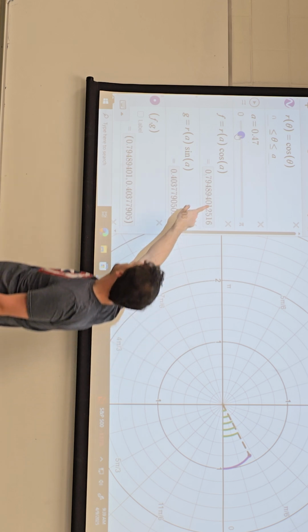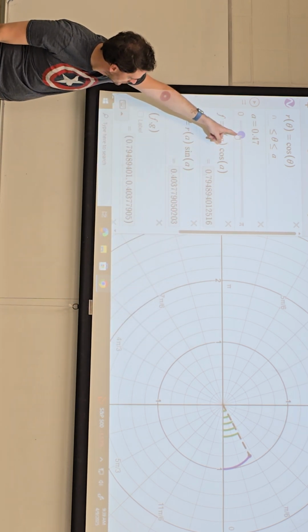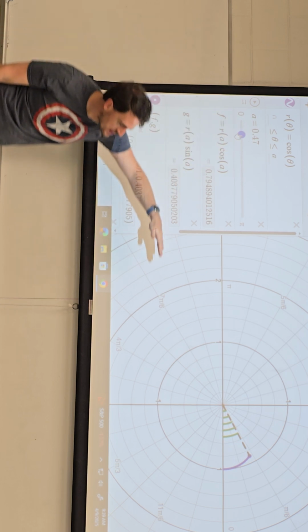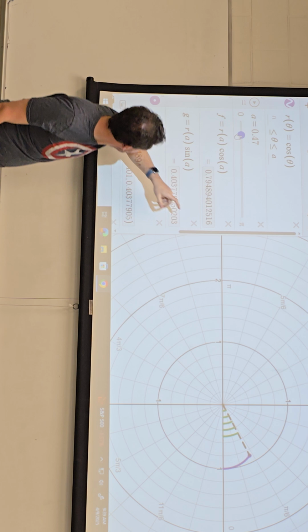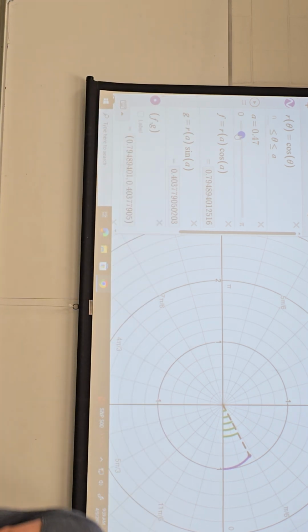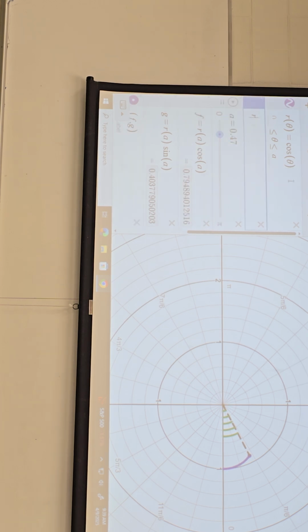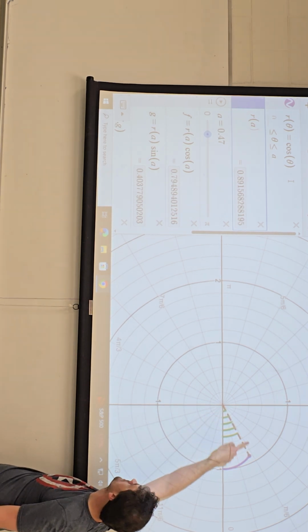So this coordinate right here that you're seeing is if you have an angle of 0.47-ish in radians, and then it gives you an output of 0.89, meaning you are 0.89 away from the pole.